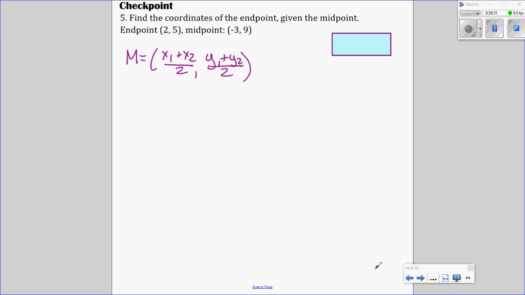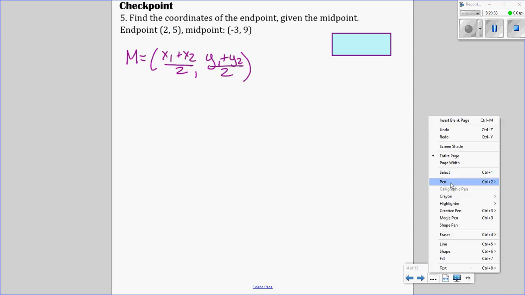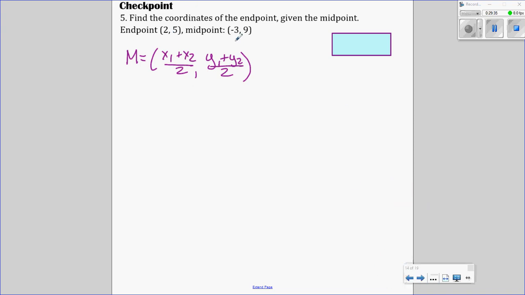And then I'm going to label. So this is going to be my big X, my big Y. This is x1 and y1. So we're looking for the other endpoint. We're looking for x2, y2. That's what we're looking for.